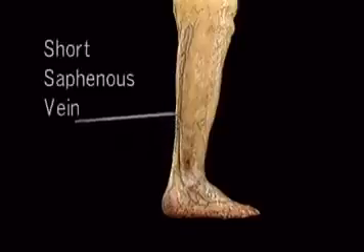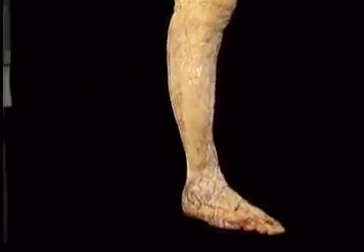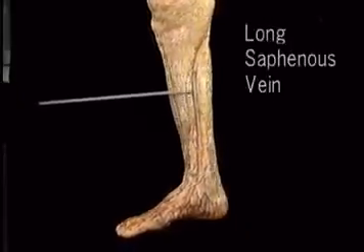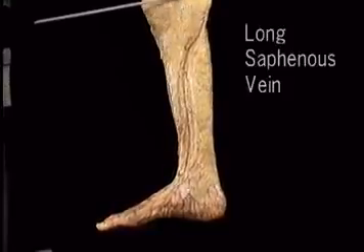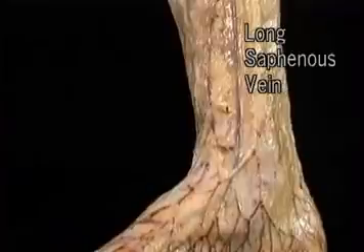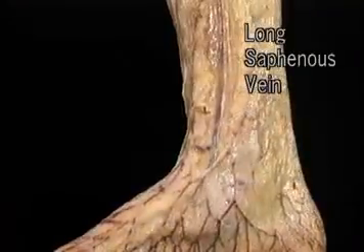Here's the short saphenous vein on the back, and the long saphenous vein on the front. The long saphenous vein passes over the medial malleolus, which is here, and runs up the medial side of the leg.